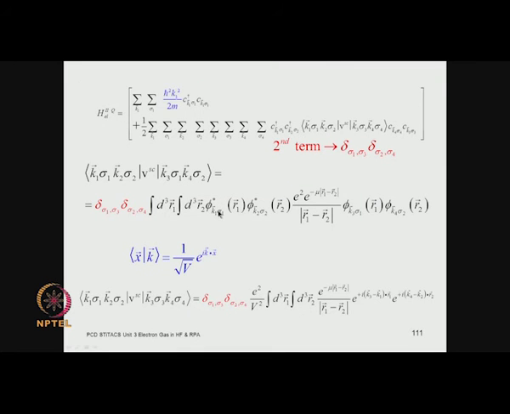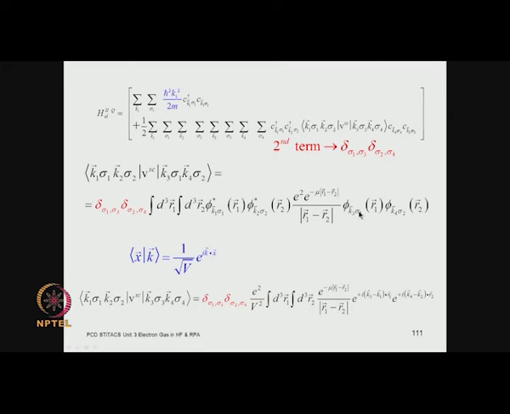Okay, so we have got 4 plane wave functions, 1, 2, 3 and 4, each coming with a factor of 1 over root V. So, you get 1 over V square, and then you have got the e square coming from here. The 2 Kronecker deltas descend over here, and then we are left with these plane waves. I have combined K3 minus K1.